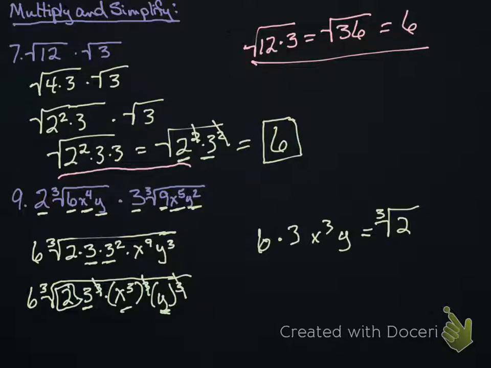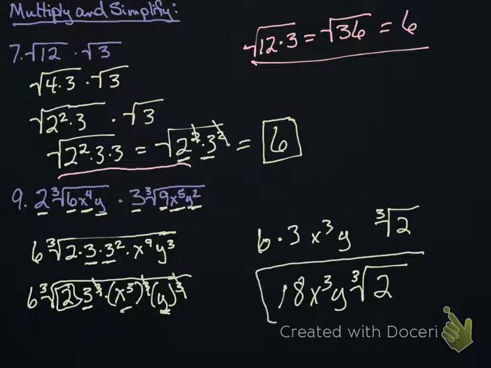So 6 times 3 is 18, x cubed, y, cube root of 2. There's my answer.